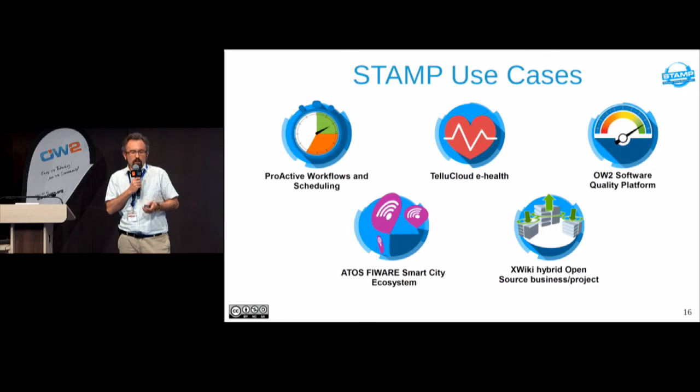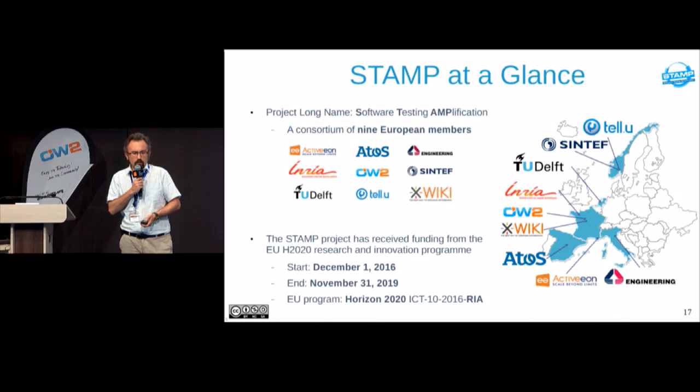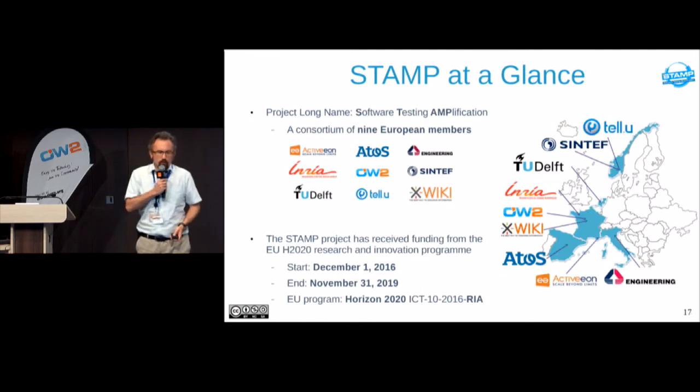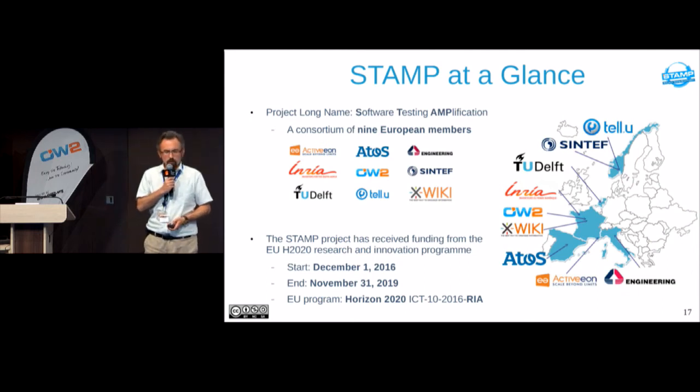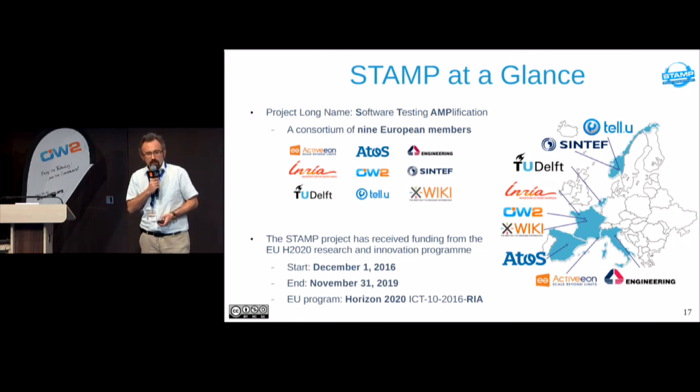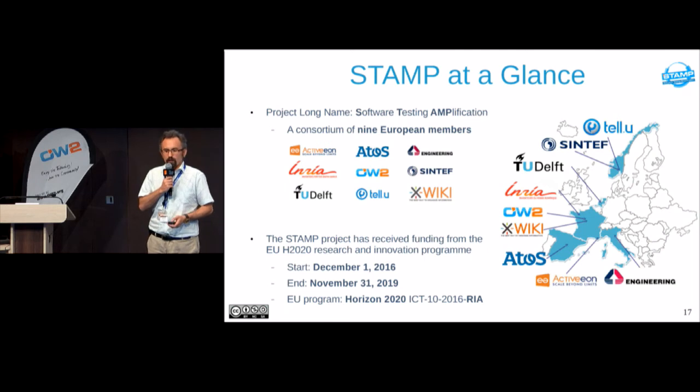Atos Fireware is about Internet of Things, and I believe XWiki had a talk on fair use of STAMP. So it's a European project. We find Activiam, Atos, Engineering, INRIA, of course, OW2, Sintef, TU Delft, TellU, and XWiki. It started on the 1st of December last year, and it will end 3 years later.